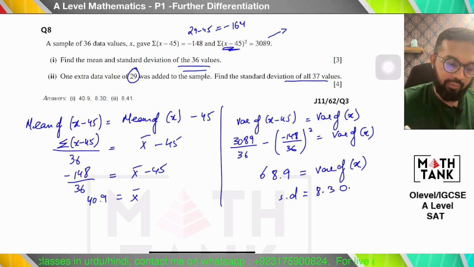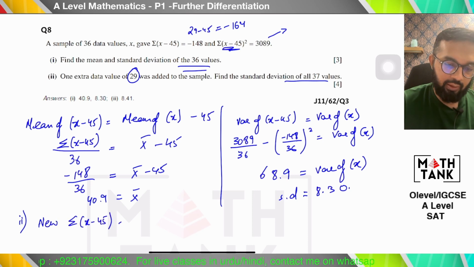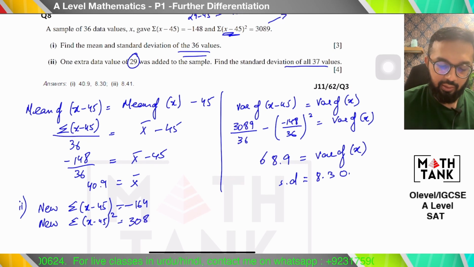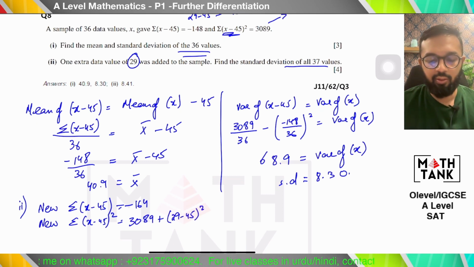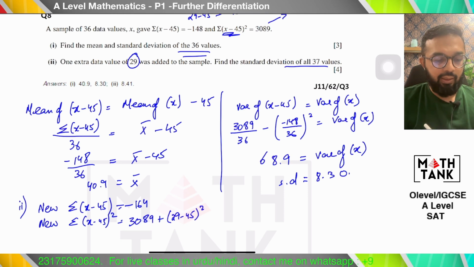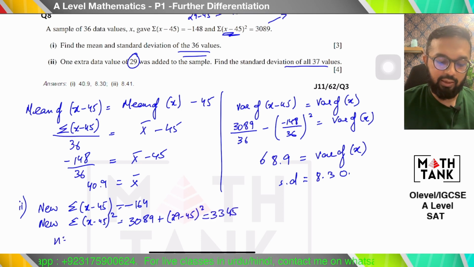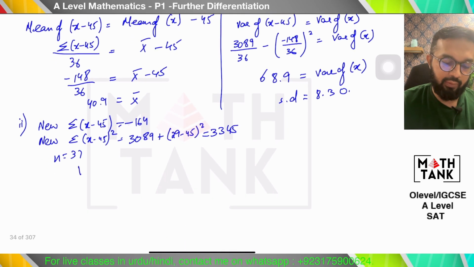So I'm going to say that part 2, new sum of x minus 45 is minus 164, and new sum of x minus 45 squared is 3089 plus 29 minus 45 squared. So I'm taking the x value and squaring it, and then adding it to the total. So that gives me 3345. Now my new n is 37. So I'm going to say that the variance of x minus 45, that's what I'm trying to find.